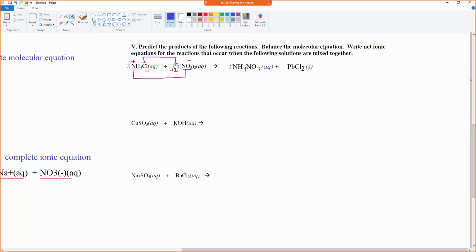We balanced the equation. So now, what is the net ionic equation for that going to look like?